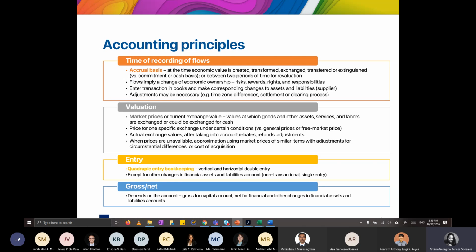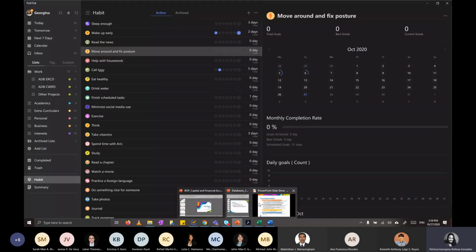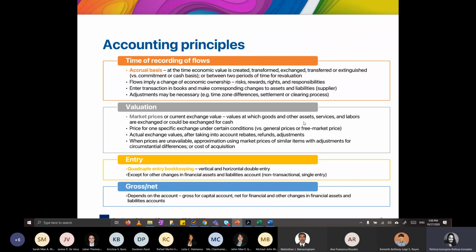However, I read that because of the difficulty of doing this for each and every type of asset, within a specific date between specific parties, price indexes or general prices are sometimes used to approximate. But of course, as much as possible, when data is available, actual exchange values are preferred.